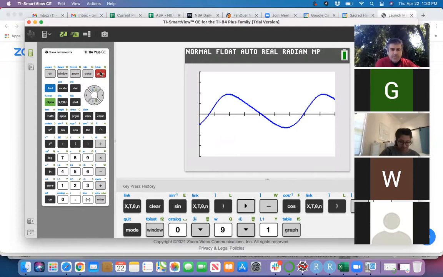If you have an answer, go speak on your microphone or you can type in the chat. Actually, it did help that I made my x scale 1. I think that helped a lot. Okay, I think I've got the answer. Let me know when you got it. So where is f prime decreasing?